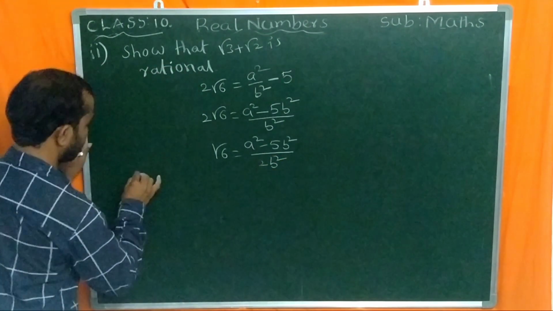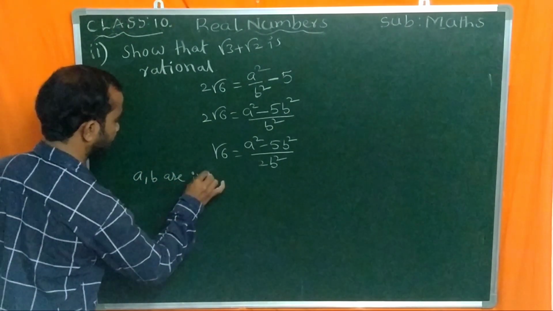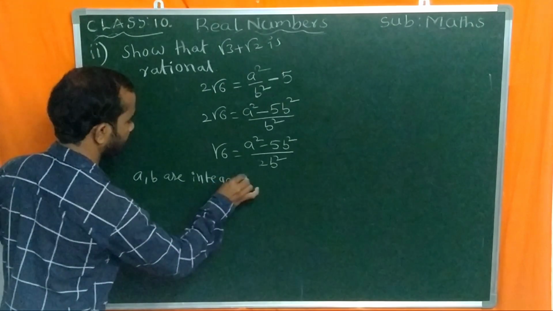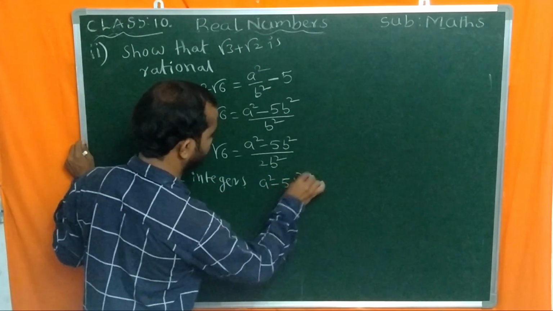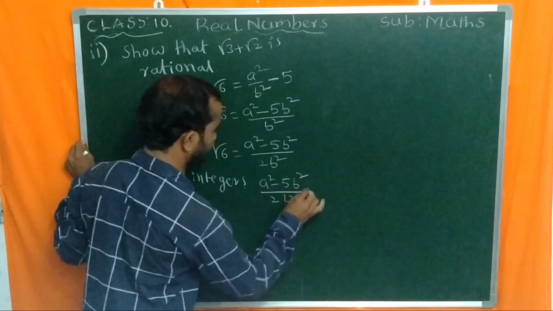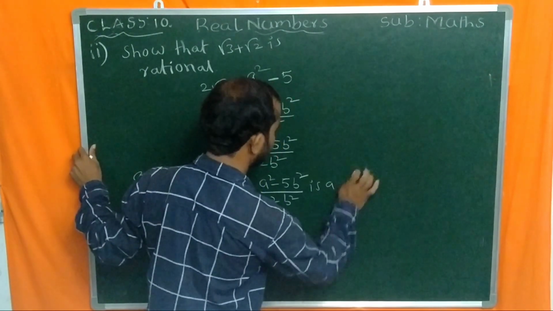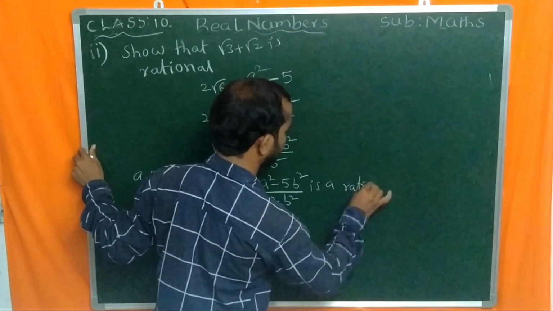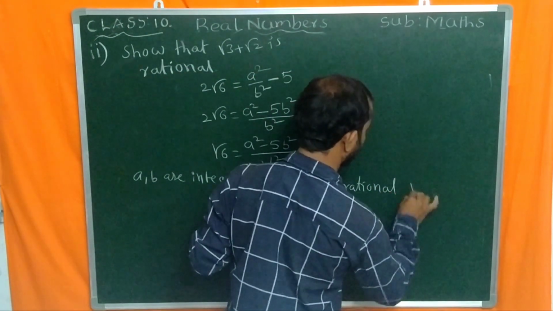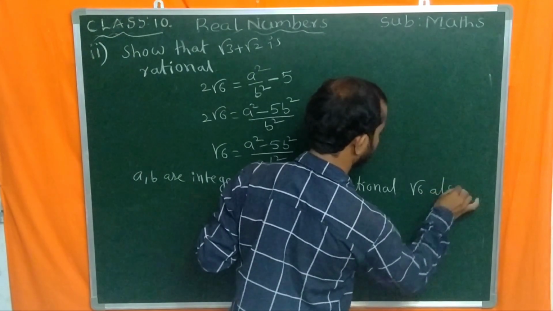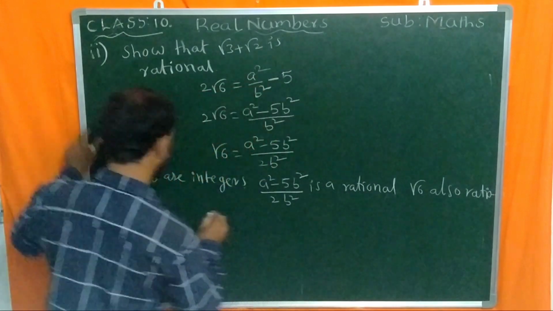Here a, b are integers and a square minus 5b square by 2b square is rational. So root 6 is also rational.